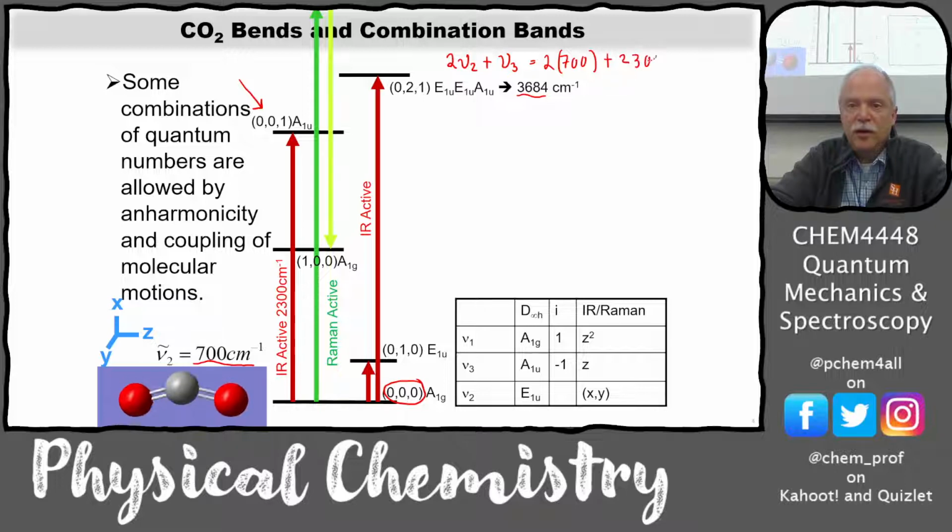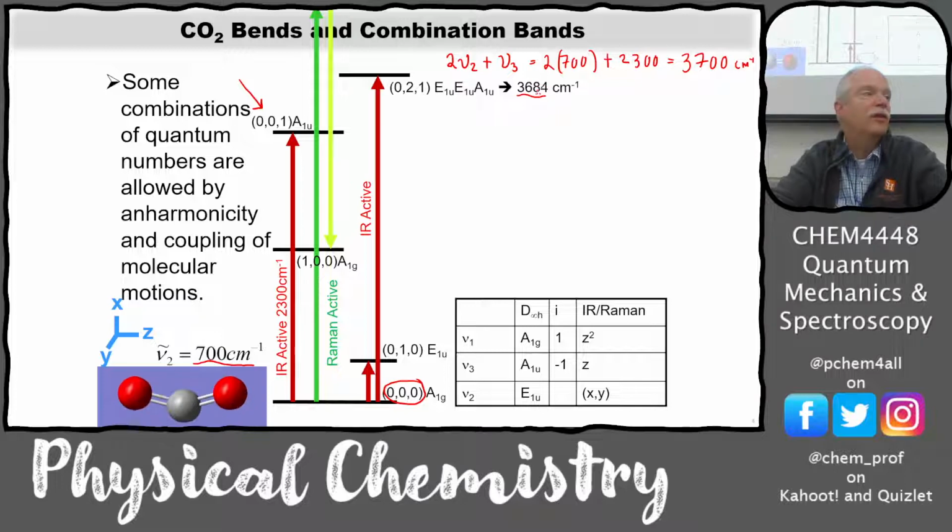So 2300 plus 700, that's going to be 3000, plus another 700 is going to be around 3700. And you see this is pretty close, 3684. It never hits exactly, but it's really close. So 3684 matches 2 times the 700 band plus a 2300 band. Everybody see that? Okay. And then here are the symmetries of those.